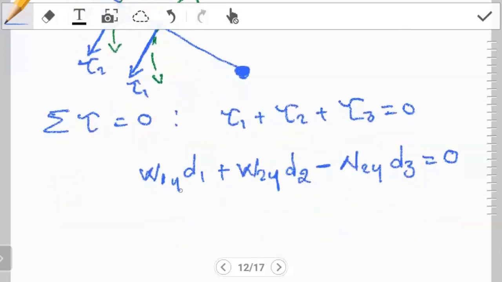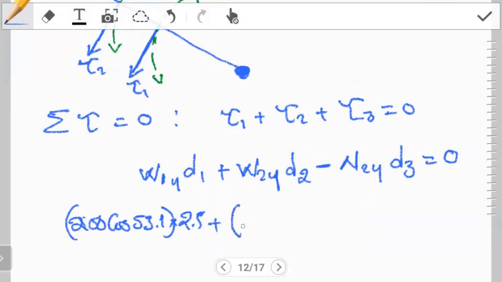From here, we already saw what W1 in Y and W2 in Y were, so we can substitute them. This becomes 200 cos theta, and we already saw what theta was, that's 53.1, times D1, which is 2.5. And then plus, we know what W2 is, the weight of the man, 600, and this is cos 53.1 as well.